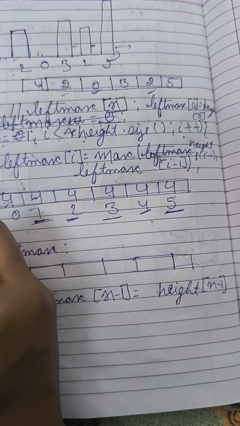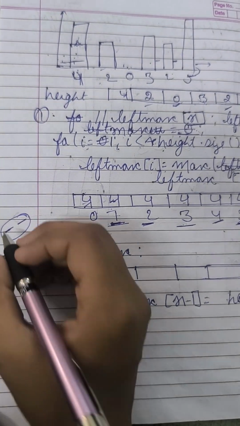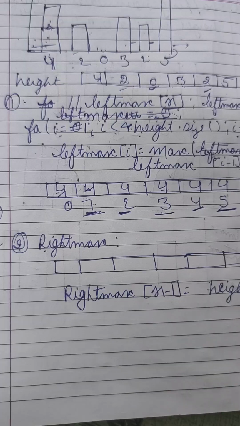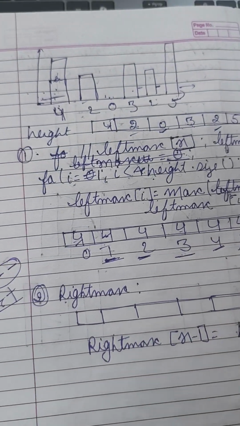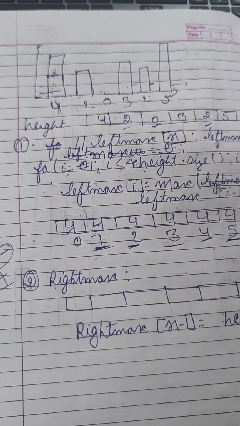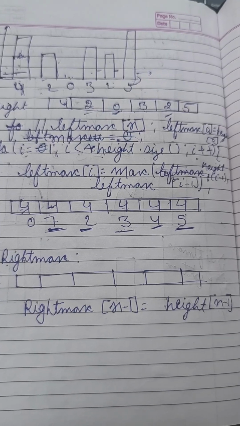That's why we are not taking int min or int max. I would suggest that you don't take it, because you have to apply an if condition in that case. Instead of doing that, you could take the height of n minus 1.